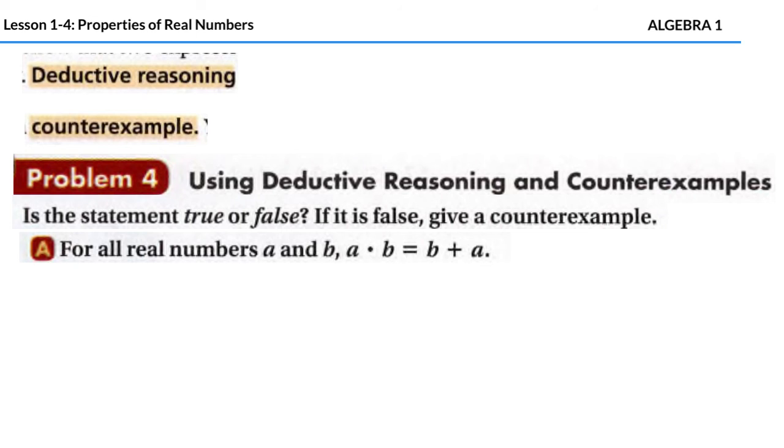The example can be 5 times 3, which is what? 15. Is it the same as 3 plus 5? It's not. So now this is a counter example. So you are giving an example to prove the statement wrong. That is called a counter example.